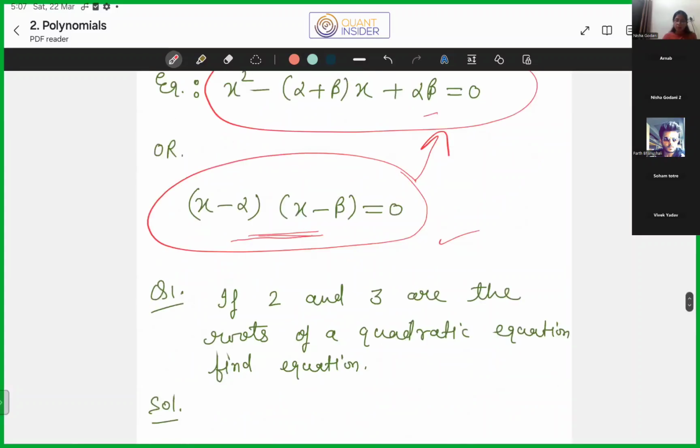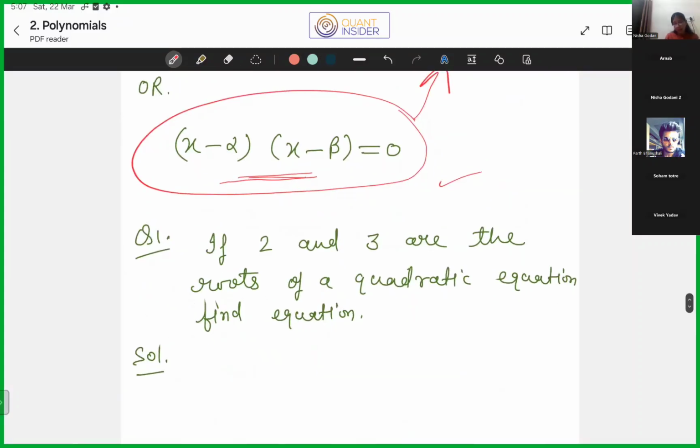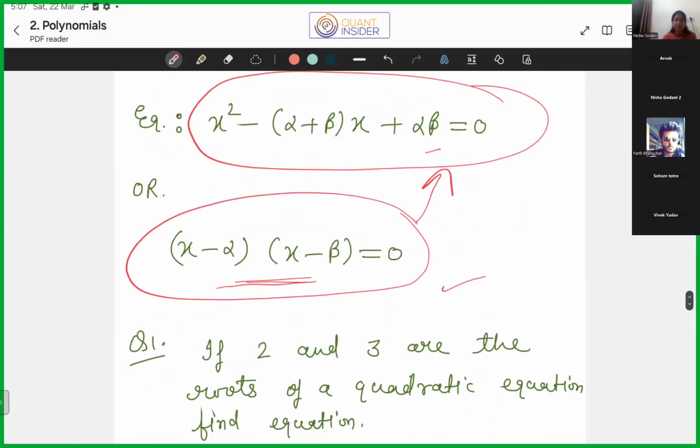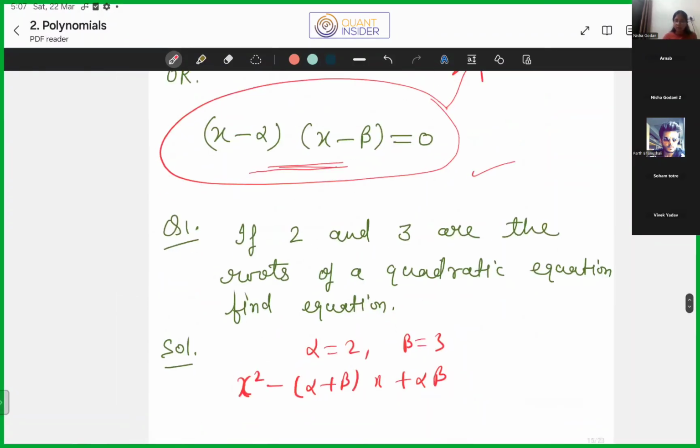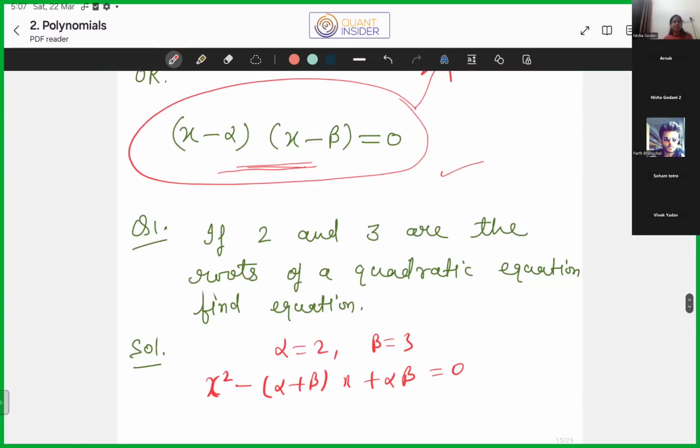Okay, let's see an example. If 2 and 3 are the roots of a quadratic equation, find the equation. So you have roots, which means you have alpha and beta. Alpha is 2 and beta is 3. To write the equation, you have the formula x square minus (alpha plus beta) into x plus alpha beta, which is written there. And it is an equation, so the right side will be equal to 0.